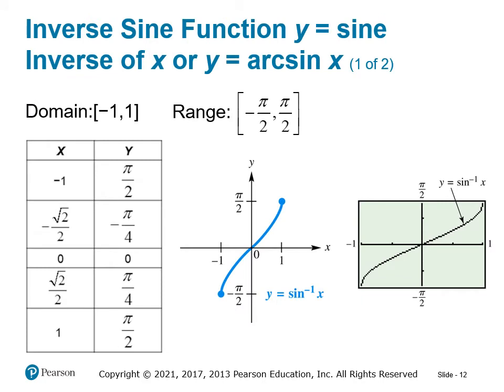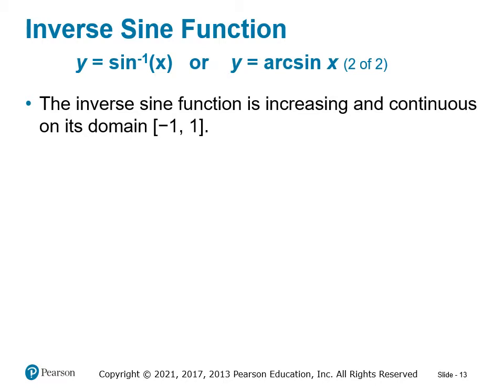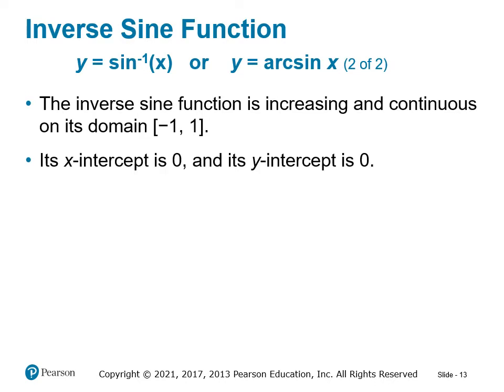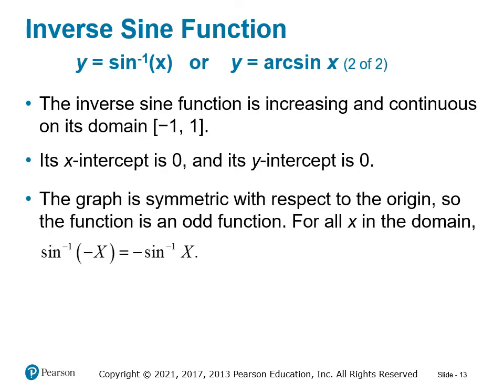This is just giving you kind of an overview of the range and the graph of the inverse sine function. Y equals sine inverse of x, or y equals arc sine x. If you looked at that graph on the previous page, you saw it was increasing and it's continuous. Its x-intercept is 0, its y-intercept is 0, so it's going through the origin.